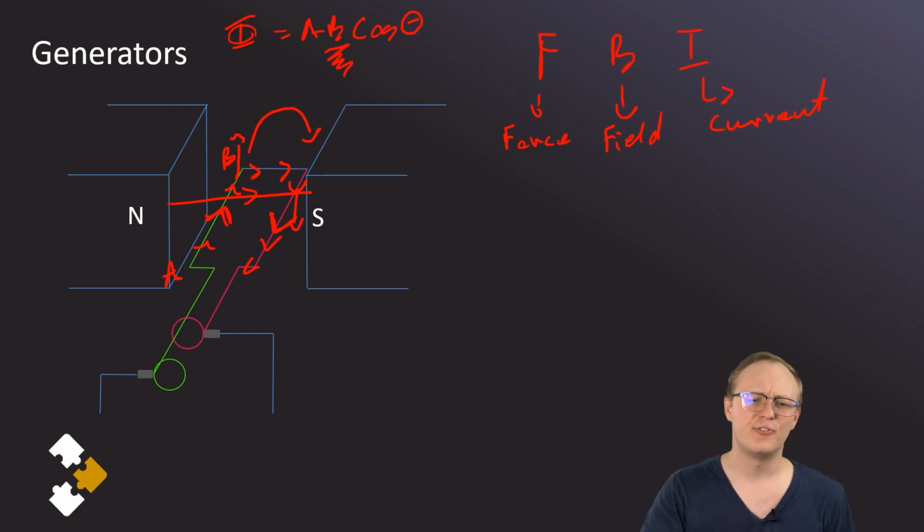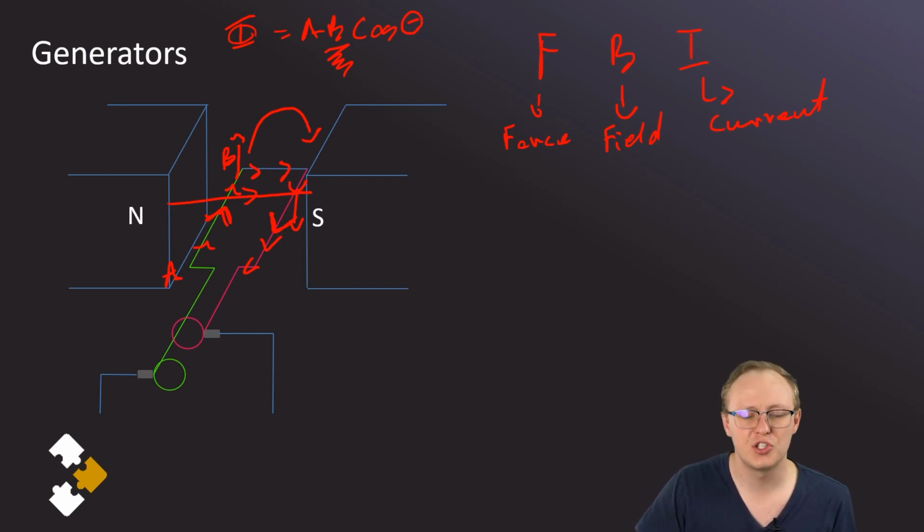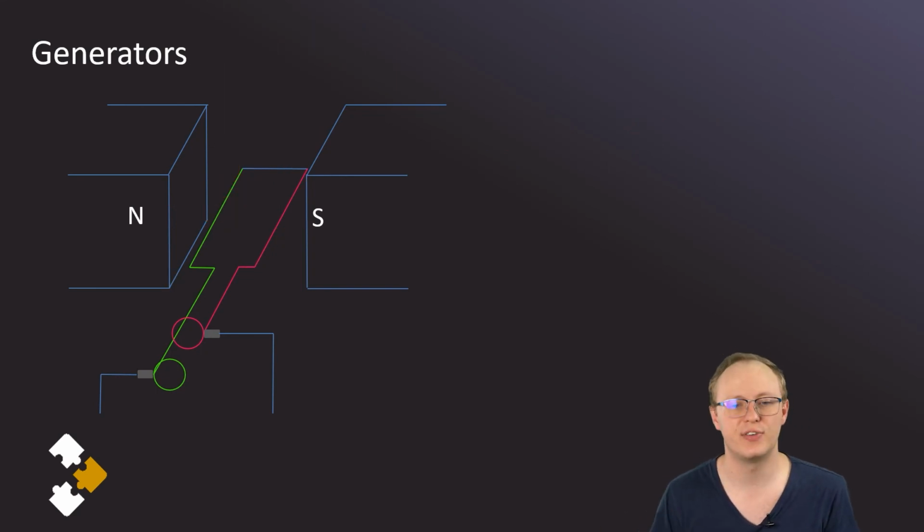Okay. So then, when we talk about generators, we know that we're using mechanical energy in order to output electrical energy. But maybe we'd like to change how much electrical energy we're actually getting out. So we need to know what we can change about our generator in order to increase the EMF.